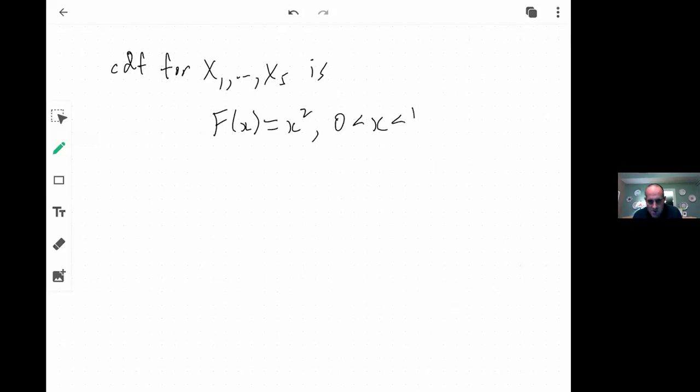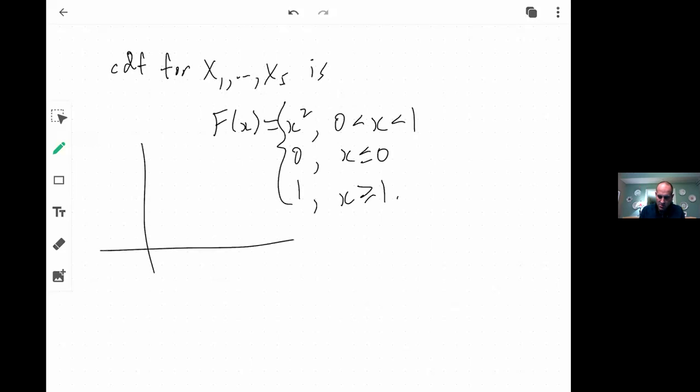Let me write it this way: it's 0 for x equal to or less than 0, and of course it's 1 for x equal to or greater than 1. So it has the typical shape of a CDF.